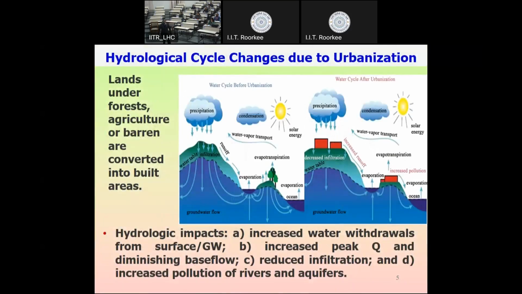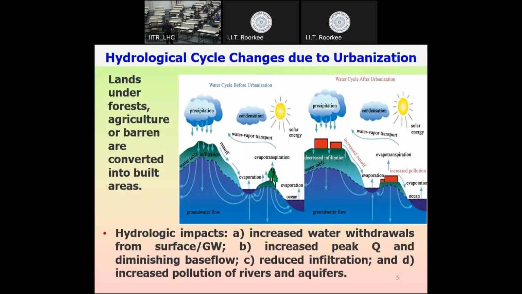Okay, now this is specifically how the hydrological cycle changes due to urbanization. So this one composite picture actually has two pictures. One is water cycle before urbanization, another is water cycle after urbanization. I'm sure you are familiar with water cycle or hydrological cycle.